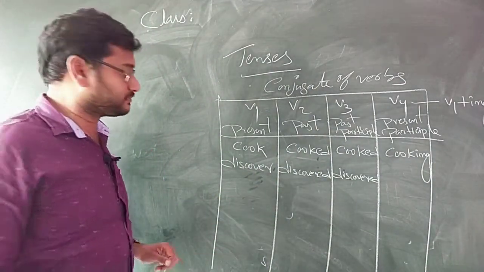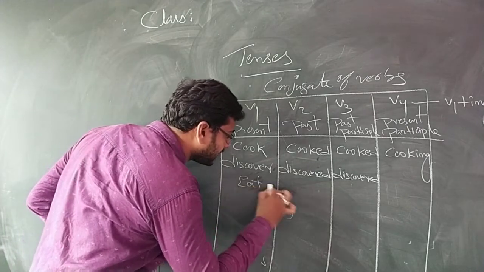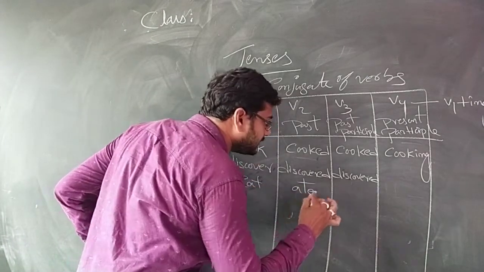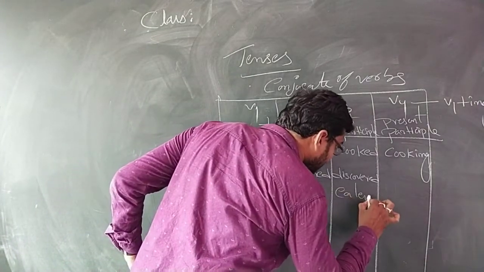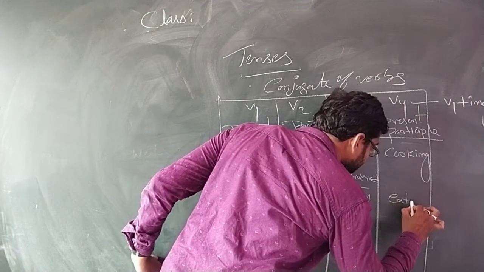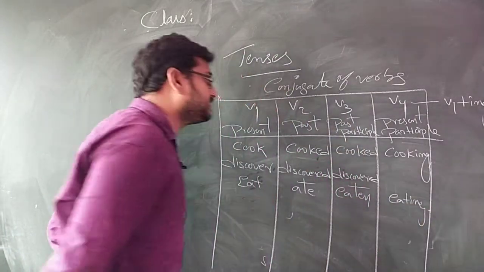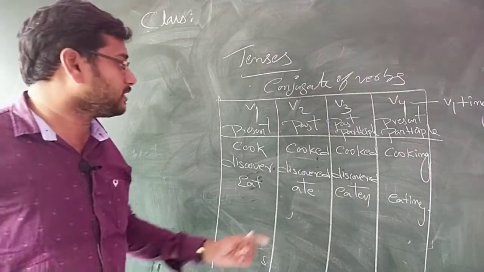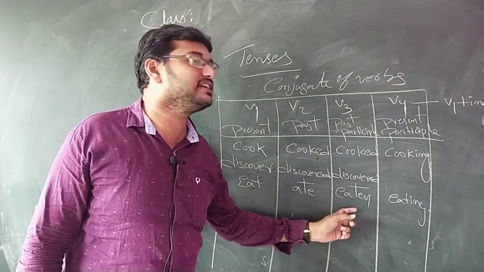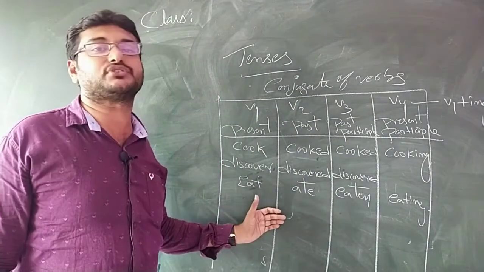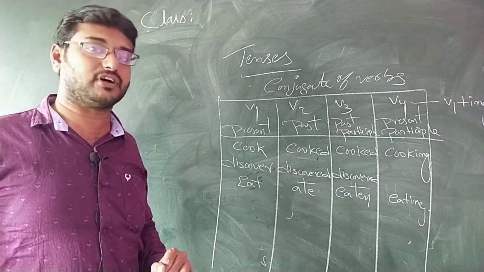Next, irregular verbs: eat, ate, eaten and eating. This verb is called irregular because you can see V2 and V3 differ. So such verbs are called irregular verbs.